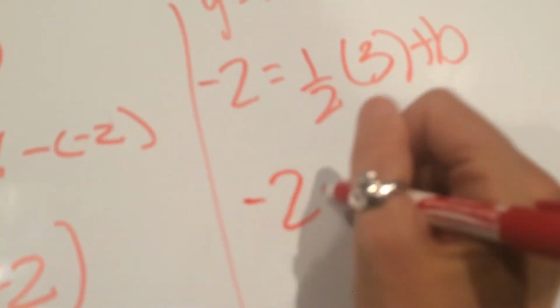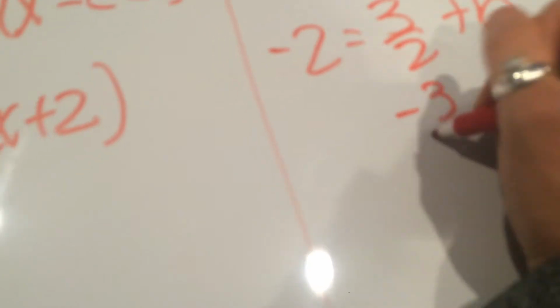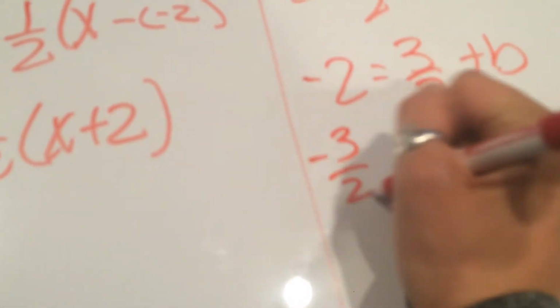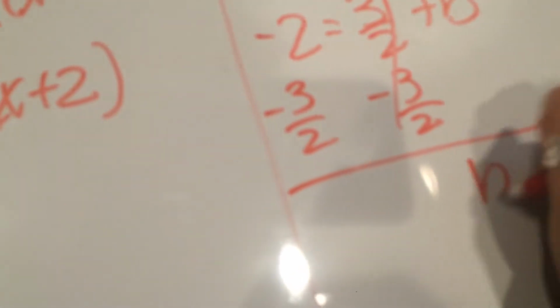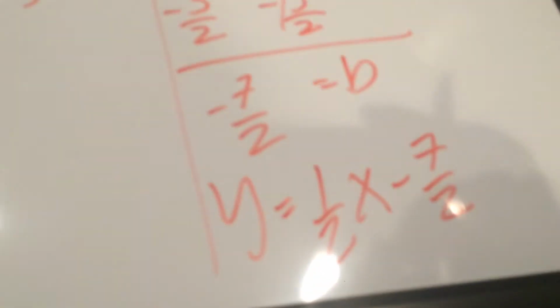So we have -2 is equal to -3 over 2 plus b. Add 3 over 2. B is equal to -1 over 2. So your equation is y is equal to, I forgot my slope, 1/2 x minus 1 over 2. There we go, everyone.